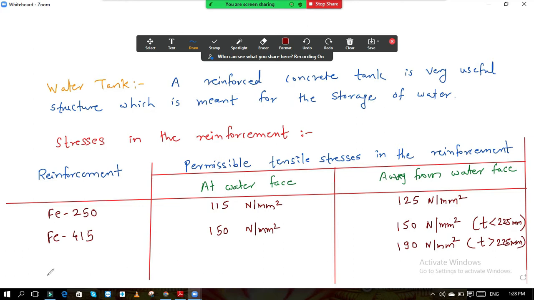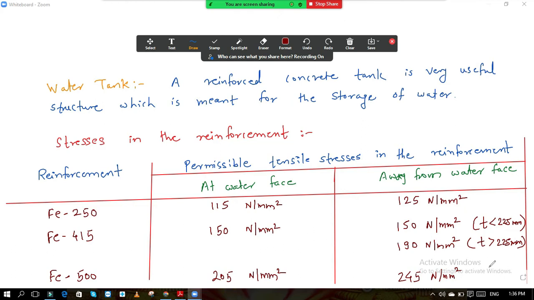And lastly, for Fe500, it is 205 Newton per mm square, and at this end it is 245 Newton per mm square. So this is the table. I hope now you have copied down this table.